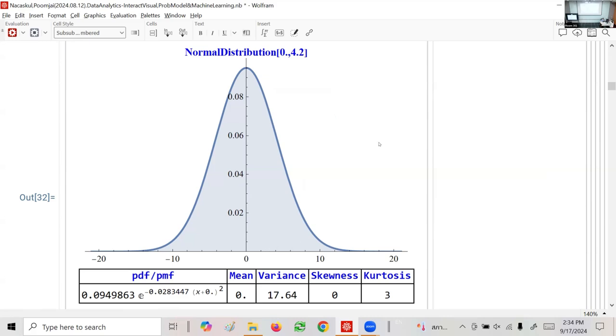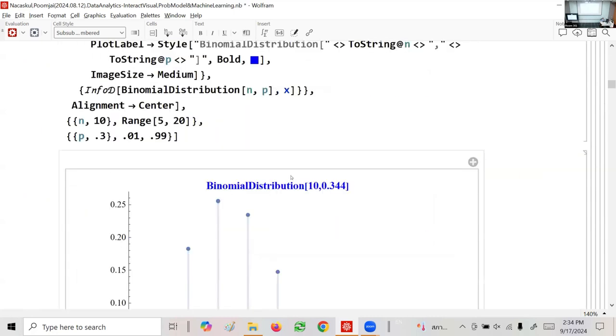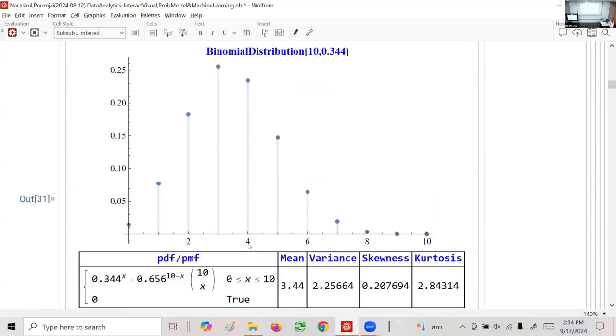How? Well, what's the probability that this random variable will be between 3 and 4? That's this height plus that height, right? So 0.26 plus 0.23, let's say. So you just add that.